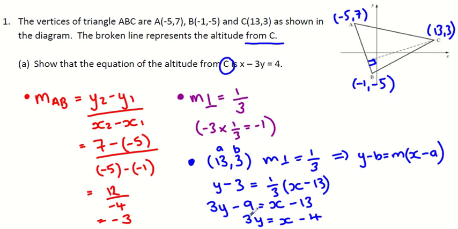I'm trying to get x minus 3y equals 4. So all I need to do is move the 4 over to the left hand side and move the 3y over to the right hand side. So rearranging this gives me x minus 3y equals 4. So that's the final answer.